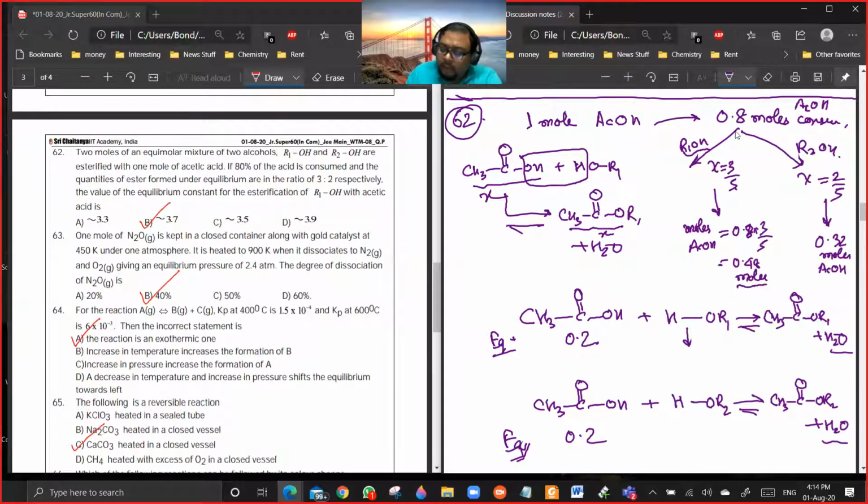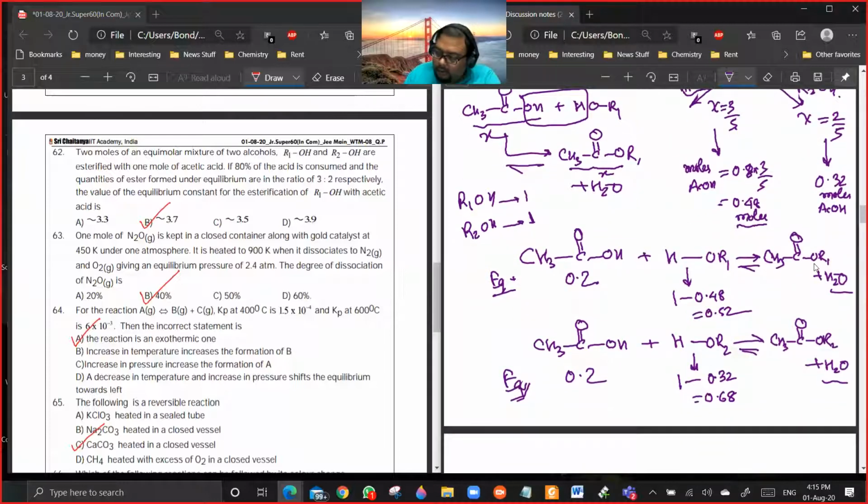You started with an equimolar ratio of R1OH and R2OH, 1 mole and 1 mole. So now 1 minus 0.48, it will be 0.52 moles. And what will be the moles of R2OH at equilibrium? 1 minus 0.32. Are you getting my point? And you will be getting 0.48 moles of ester here and 0.32 moles of ester here. So you have gotten what we call the equilibrium concentrations.